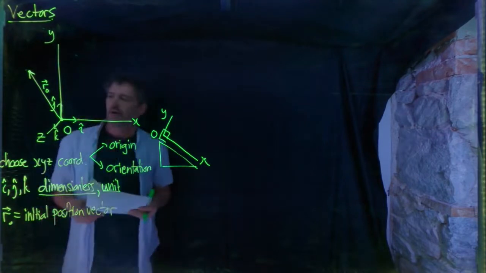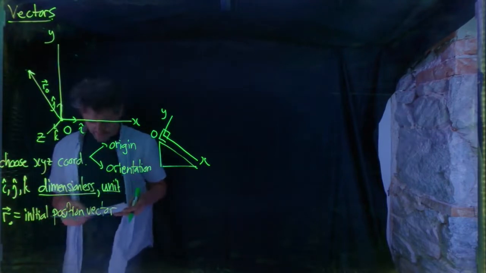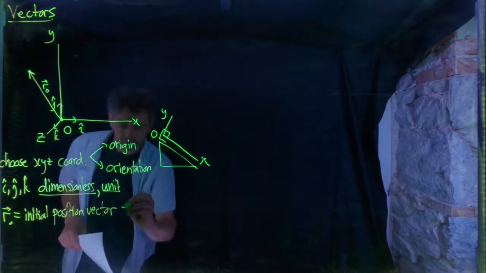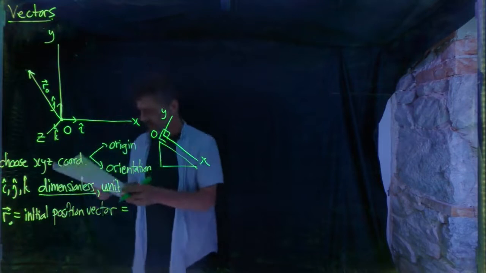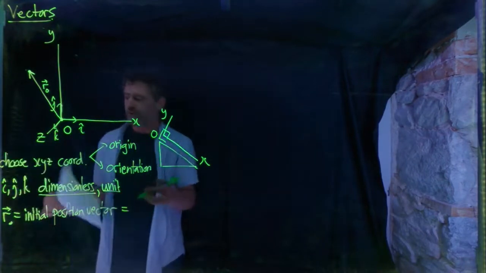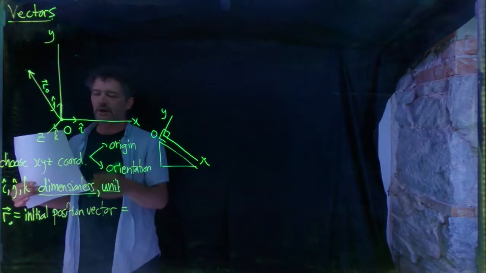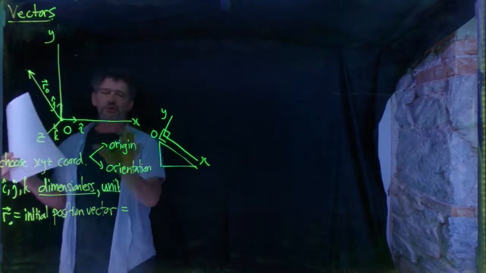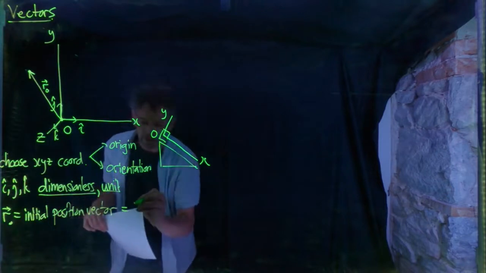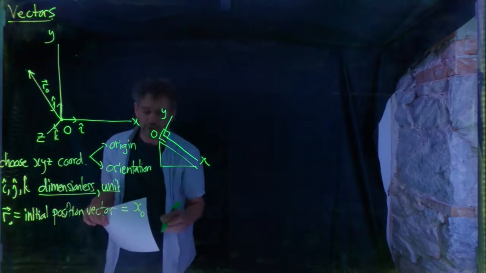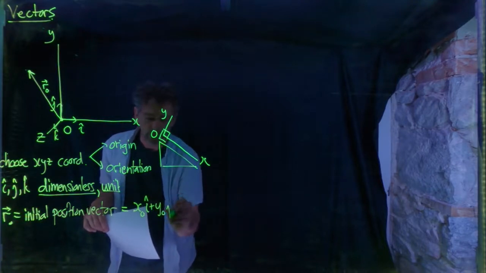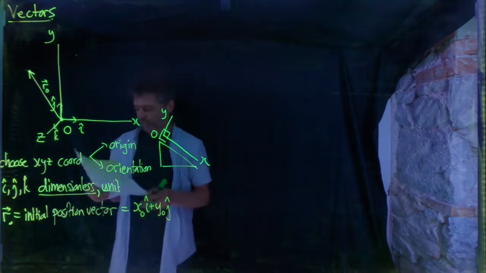Okay, and so let's give it some values here. So in general, an initial position vector would be some linear combination of i hat, j hat, and k hat. Since we're restricting our motion to the x and y directions, it'll just be a linear combination of i hat and j hat. So we would write it as x0 i hat plus y0 j hat. Okay?